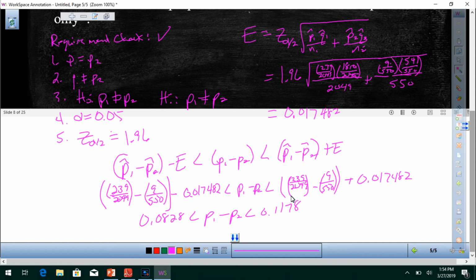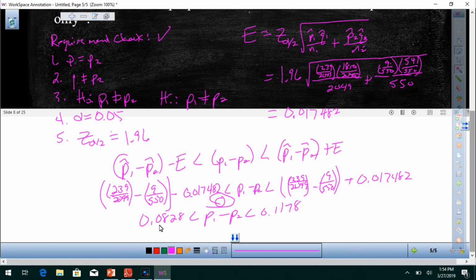The confidence interval limits do not contain 0. Remember, p sub 1 equals p sub 2, so p sub 1 minus p sub 2 would be 0. This does not contain 0, suggesting that there is a significant difference between the two proportions.